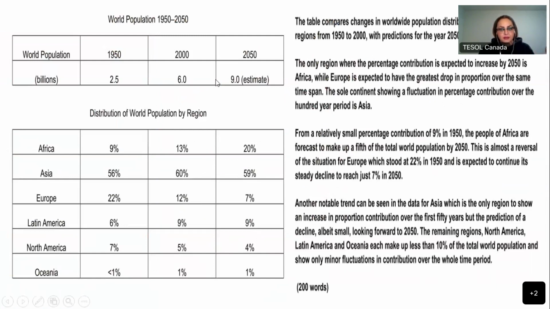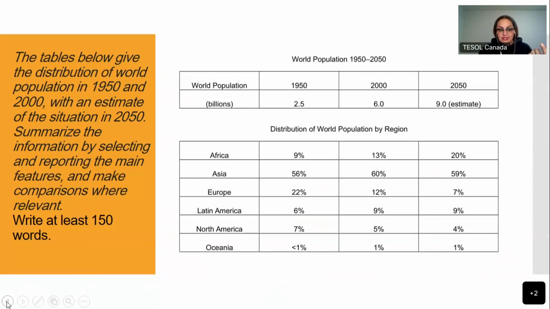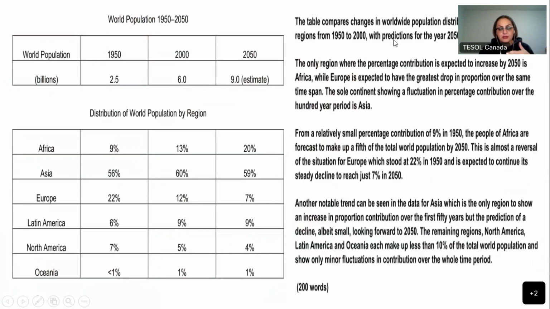The table compares changes in worldwide population distribution between the six key regions from 1950 to 2000 with a prediction for the year 2050. It's not the same: here it says with an estimate of the situation in 2050, but in the sample it says with a prediction for the year 2050.